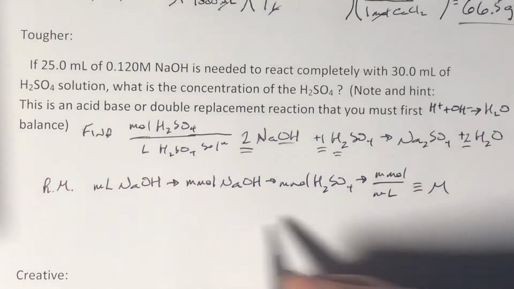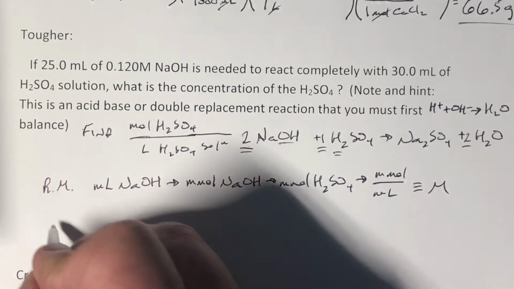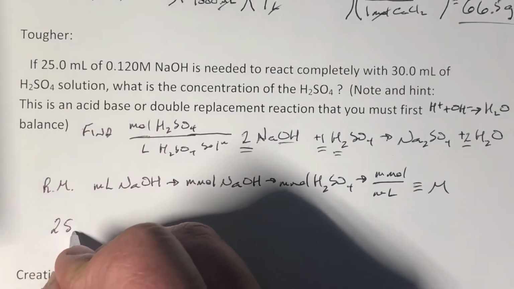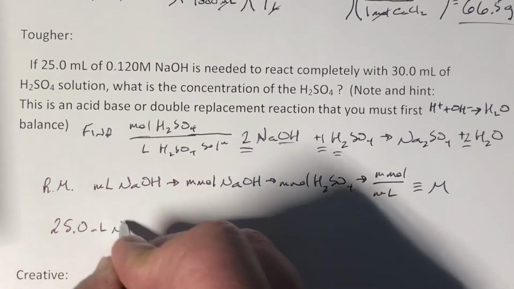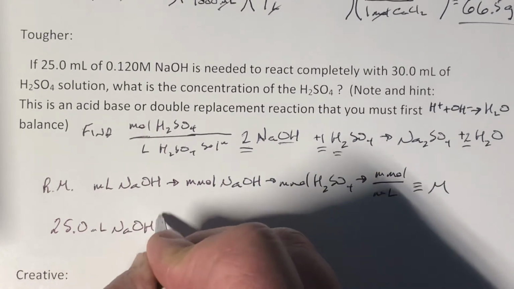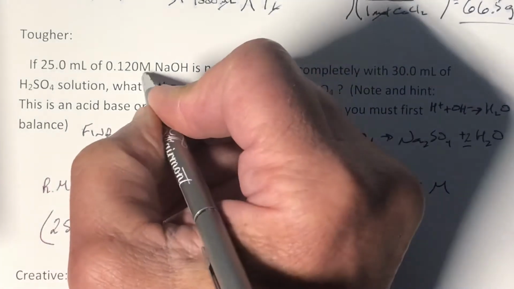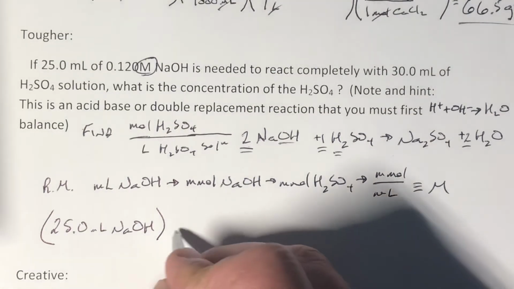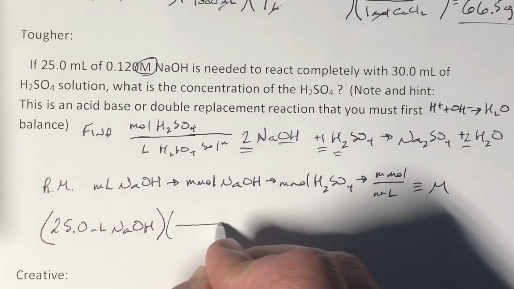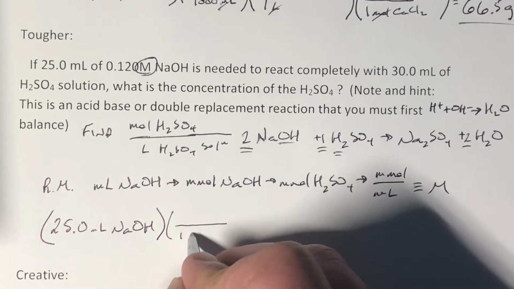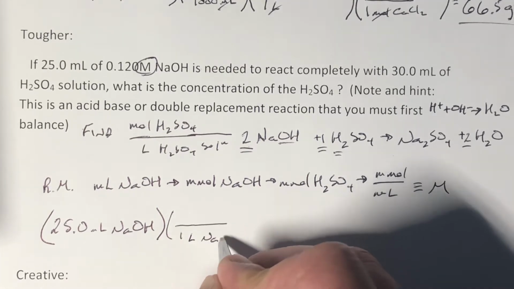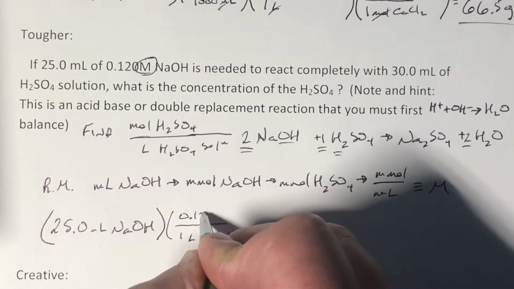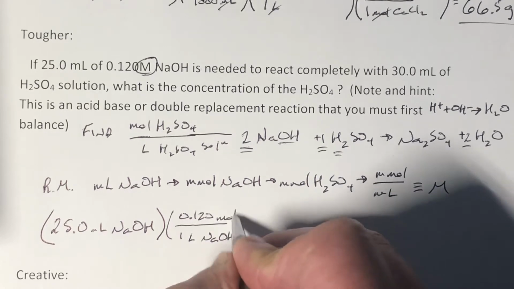Okay, so actually executing that, I've got my 25.0 mL of NaOH. I got a little casual here because I knew I was going to run out of space, but I want to make sure that I'm comfortable with what that molarity is, and that is that for every 1 liter of the NaOH solution, I'm going to have 0.120 moles of the NaOH.